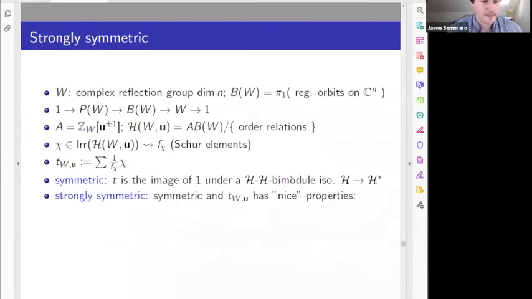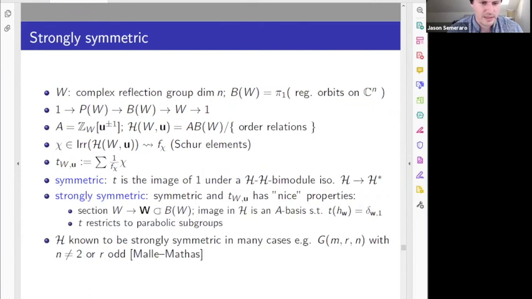Okay, right. But we want more than symmetric. We want strongly symmetric, and strongly symmetric means not only are we symmetric, we also have some nice properties. So properties that one might like to hold are given roughly as follows.